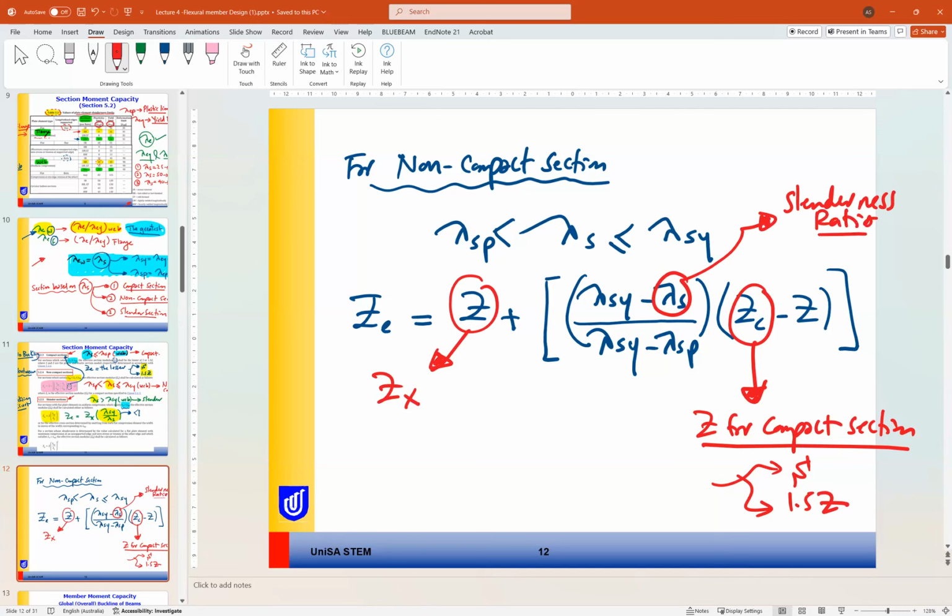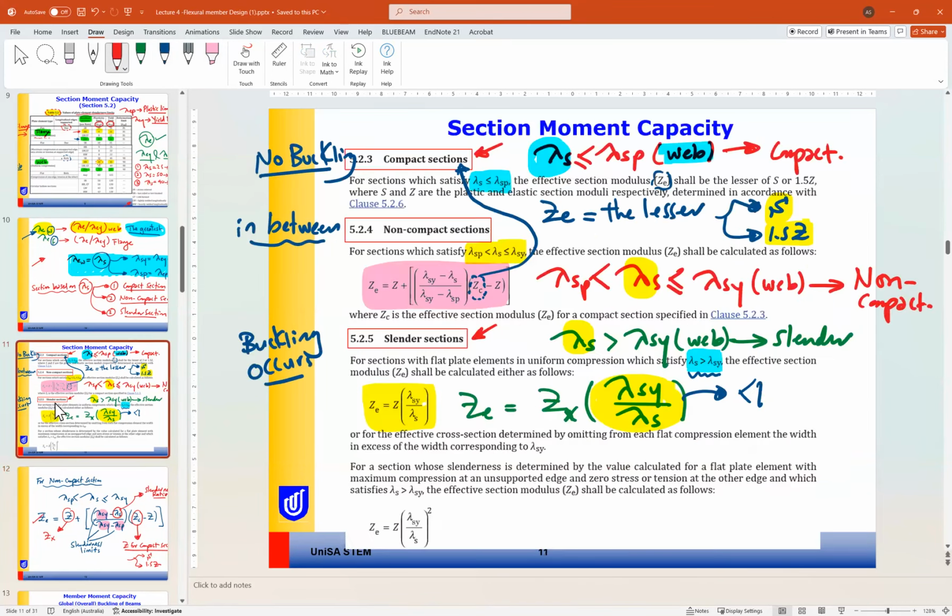In our example, we mentioned web, and those series are the slenderness limits. Okay, so if we know all of this, we can now find Z effective. So after this calculation, you need to decide if the section is compact, non-compact, or slender. Then you will find Z effective.